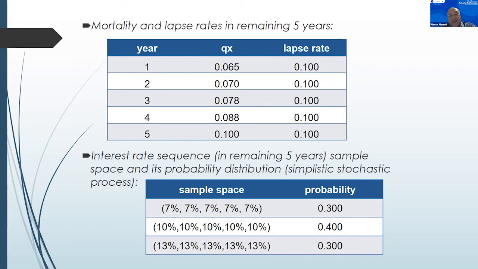And it's assumed here that the probability is 30% it's going to be that way. The second possible outcome is that each one of the interest rates in the next 5-year period is going to be 10% uniformly, and the probability is 40%. And the last possible outcome is that it's going to be 13% uniformly in the next 5-year period with probability 0.3. So it's a very simple stochastic process.